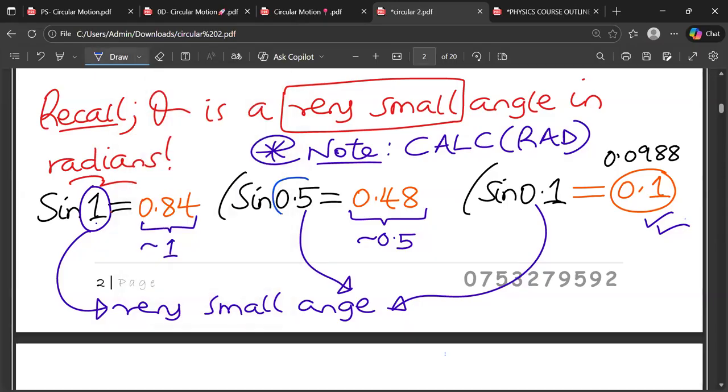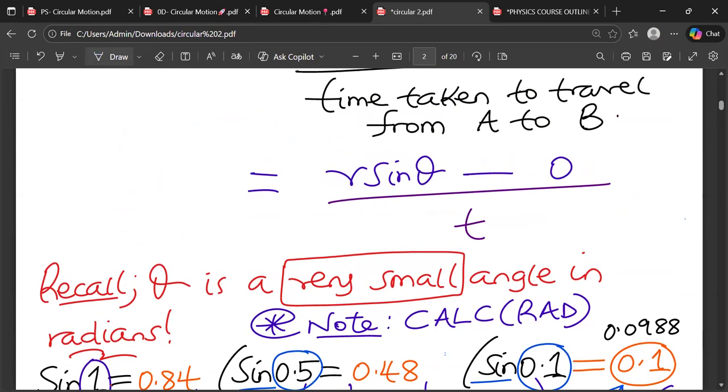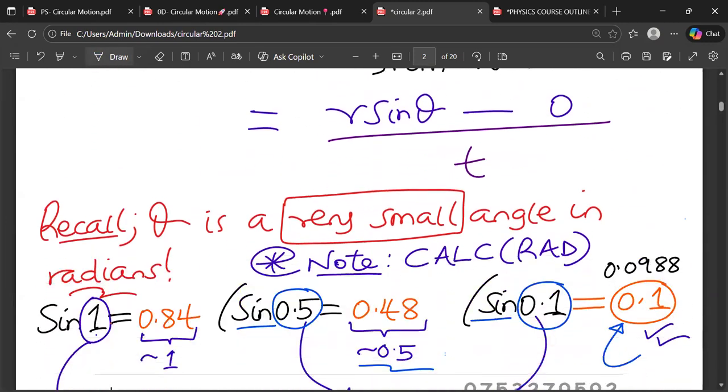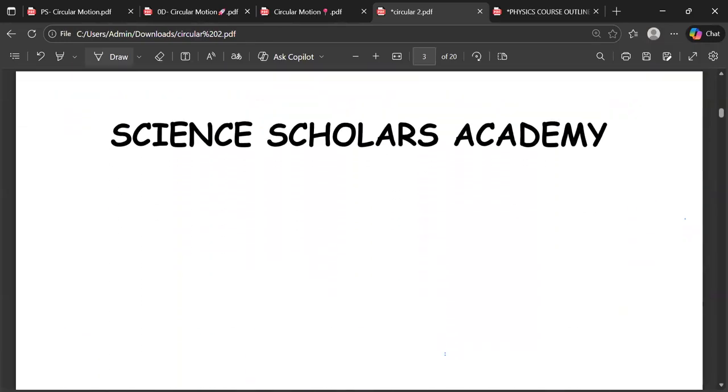The 0.5 is here, but what we are getting after putting sine is almost approximate to it. 0.1 is here, but after putting sine, we are even getting the same answer. Okay.